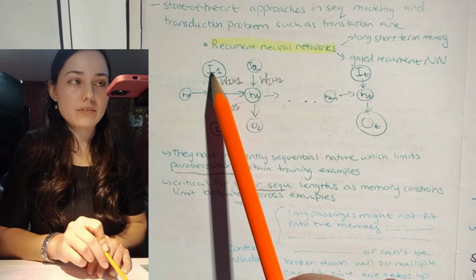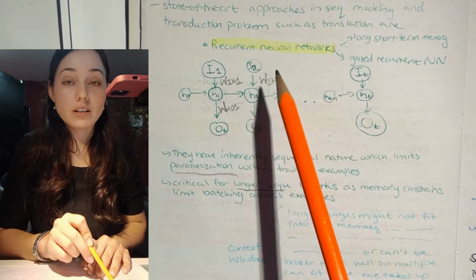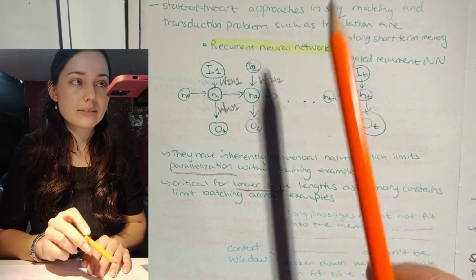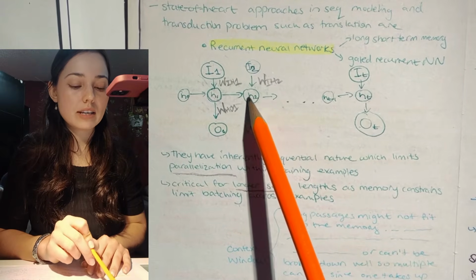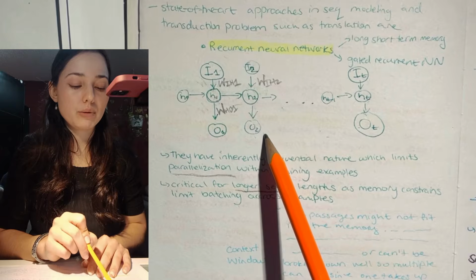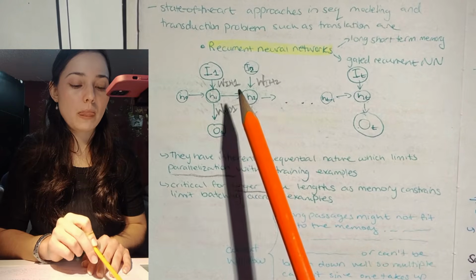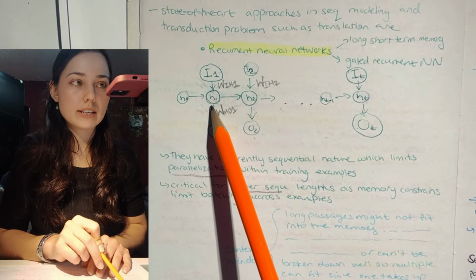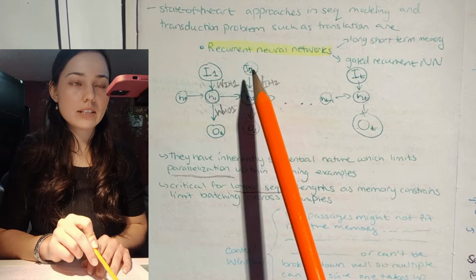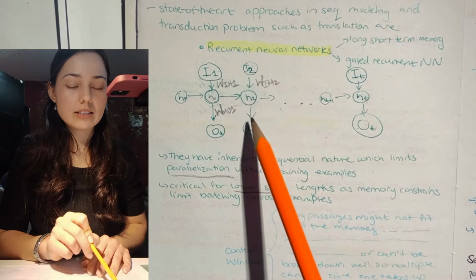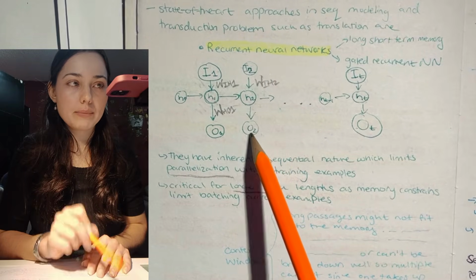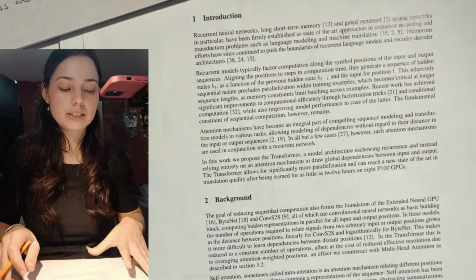So let's say the first word was "I", this one is "love", the next one is "cats". So this state that produces this output at time point 2 only depends on the previous hidden state and the next word in the sequence, and then it produces an output. So that's what it said here.